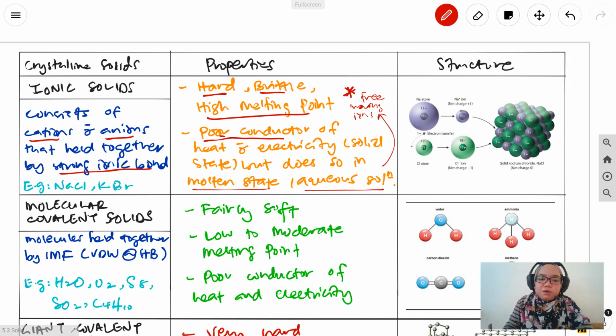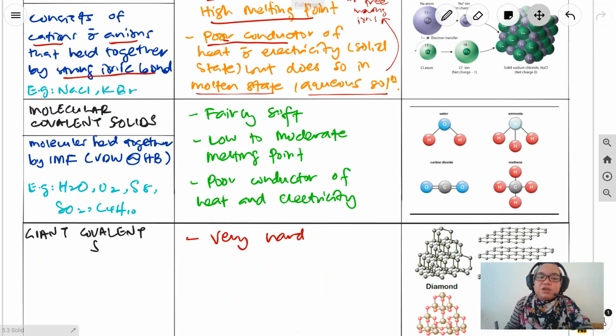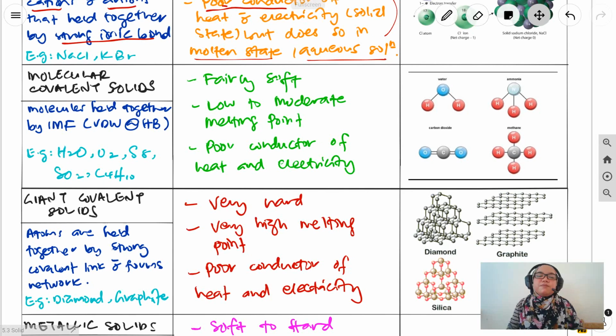Okay, now we are going to look at the molecular covalent solid, or there is also atomic covalent solid. But they are the same. Okay, so molecular covalent solid is molecules held together by intermolecular forces which are van der Waals forces such as London dispersion forces and dipole-dipole forces as well as hydrogen bonding.